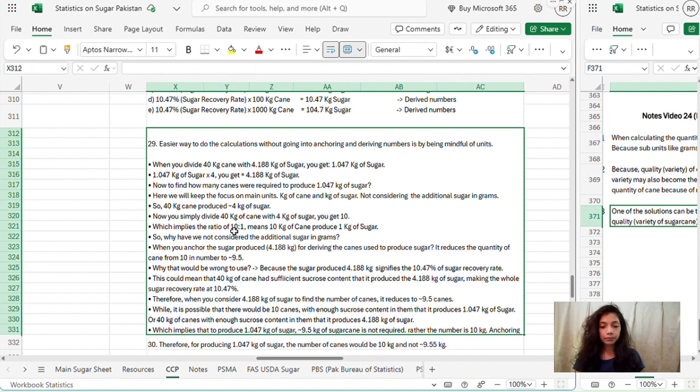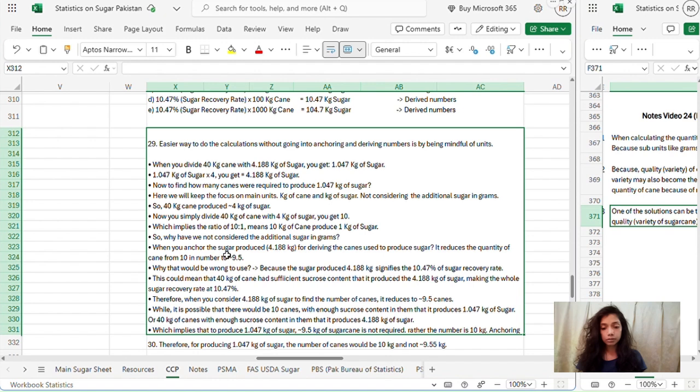Now you simply take 40 kg of cane with 4 kg of sugar and divide: 40 by 4, you get 10 for each kg of sugar. That is a simple calculation, and we got the answer correct, which implies the ratio of 10 to 1, meaning 10 kg of cane produces 1 kg of sugar. Here the calculation is right.